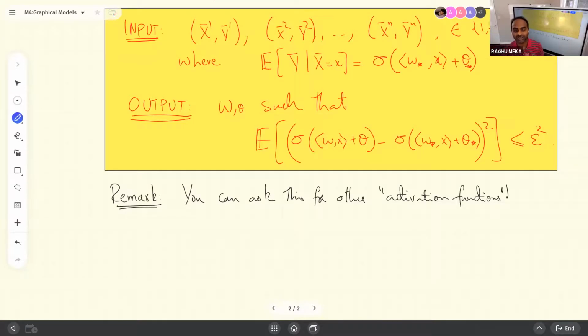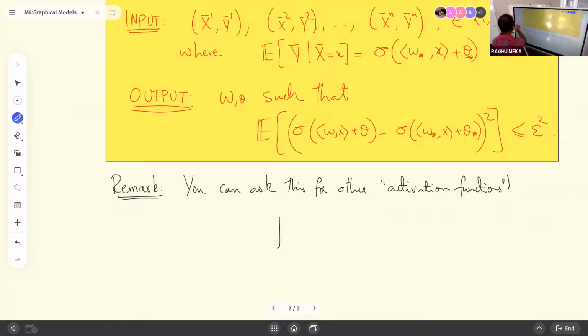So what you're doing is you're working in some d dimensions. You apply a linear function on that, you get a number, and then you send it through the sigmoid gate, which is what happens in all kinds of neural networks. But there are lots of other activation functions that people look at, like for example ReLUs. Sometimes people look at power activation functions, tanh activation functions, all kinds of things like that. For all of those, you can ask the same question. What if my conditional mean is some activation function of a linear function? Can I learn the linear function? Can I get small prediction error like that?